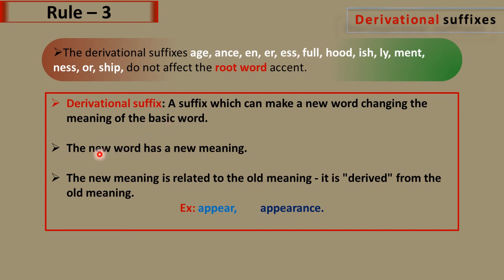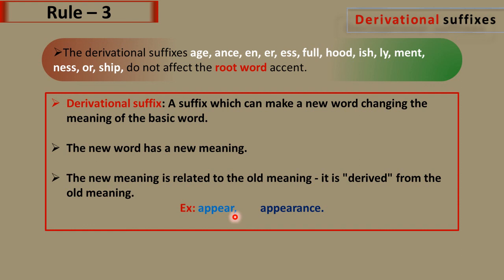Let us see some more information so that you can clearly understand. The new word has a new meaning, and the new meaning is related to the old meaning; it is derived from the old meaning. Here you have been given some examples. See here, appear is a word, and appearance. Do you remember the meaning of the suffix that we learned earlier?